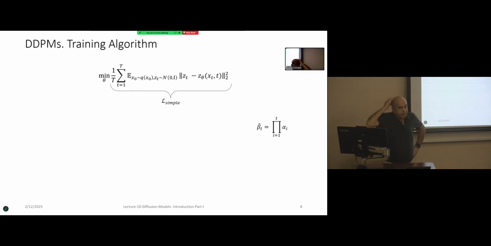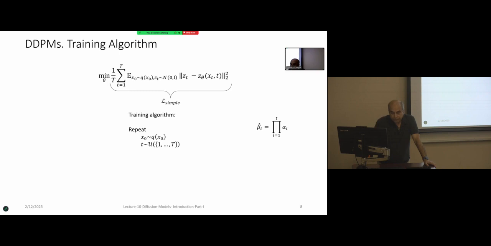Okay, good. So this objective function is called L simple because we simplified it. And we talk about the training algorithm, and you can write the code very easily, and you actually should. So for a particular data set, say CIFAR-10, CelebA, and so on, you sample an image x0 from that, and then you sample the time step from a uniform distribution.